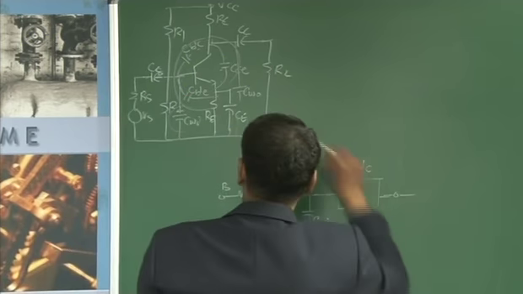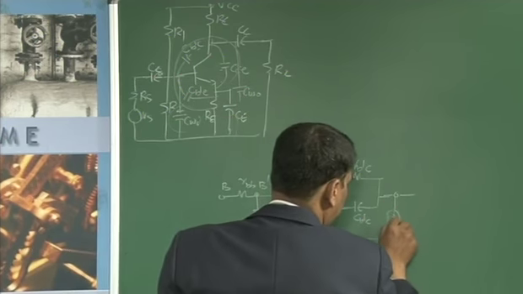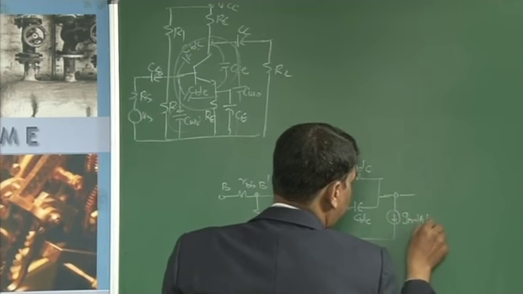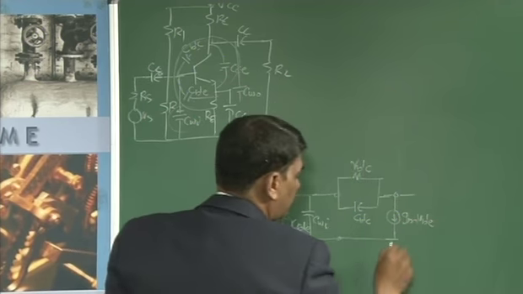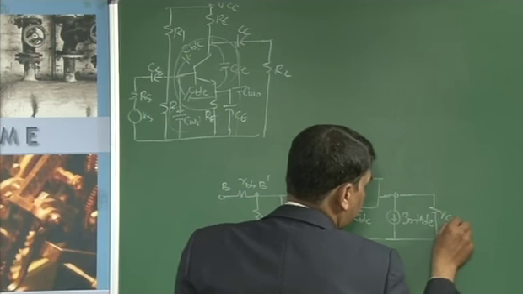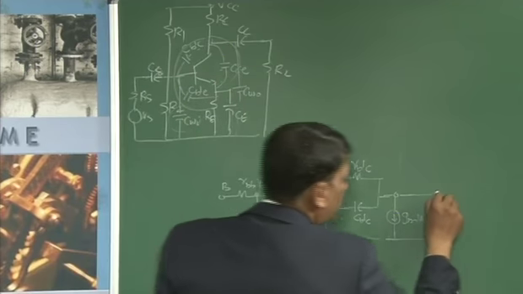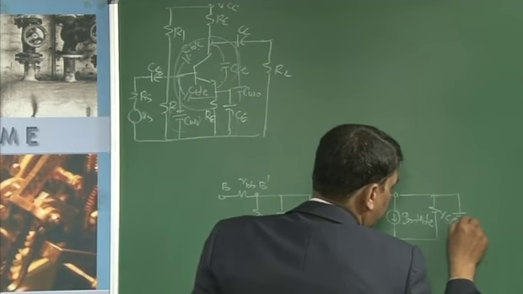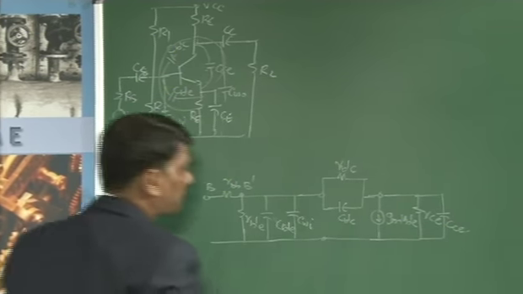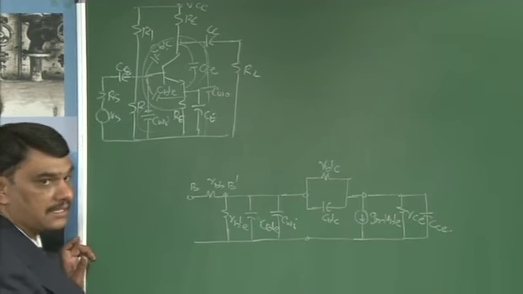Between the emitter and collector, it is replaced with a constant current source, that is gm into V_B'E. This is in parallel with a resistance R_CE due to the collector and emitter junction, and there is a capacitance between these two points, nothing but C_CE. This is the equivalent hybrid model of a transistor.